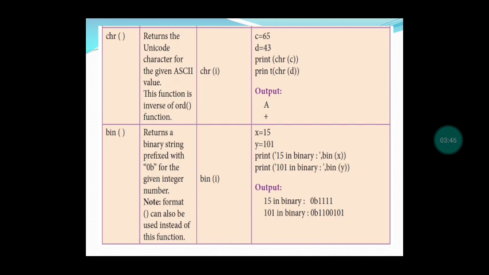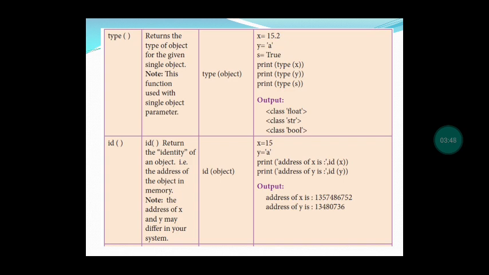Next, we will go for the type function. The type function returns the type of the object. That is, the syntax for this one is type(object). In Python, not only in Python, in all computer languages, data types are available.